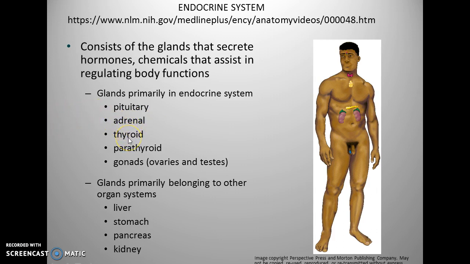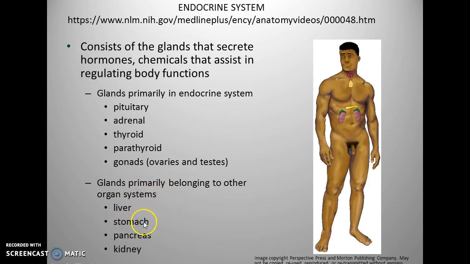You have the thyroid that allows you to secrete hormones and control metabolism. Parathyroid secretes hormones that control blood calcium. And gonads secrete hormones such as ovaries giving off estrogen and testes giving off testosterone. And then glands also primarily belong to other organ systems.